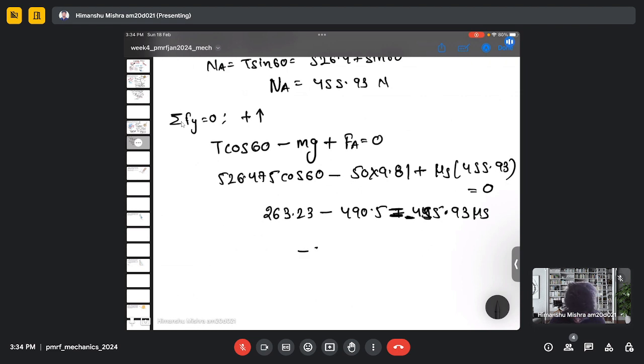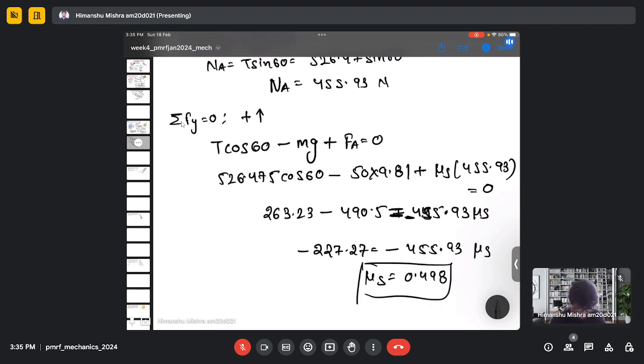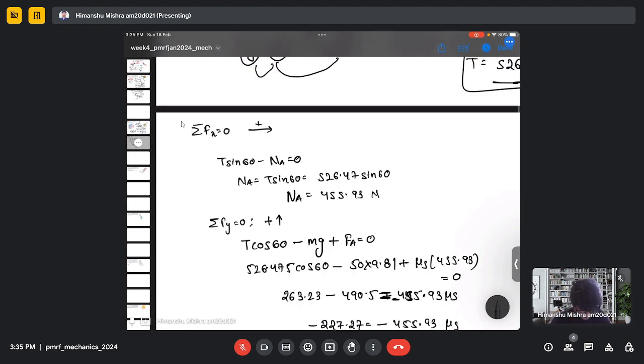So it will be minus 227.27 equal to minus 455.93 mu s. So mu s will be 0.498. So this is the coefficient of friction we got.